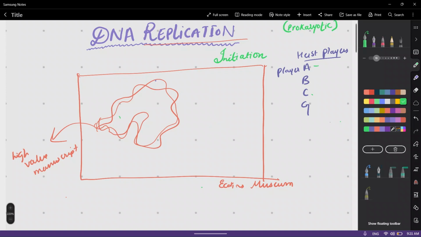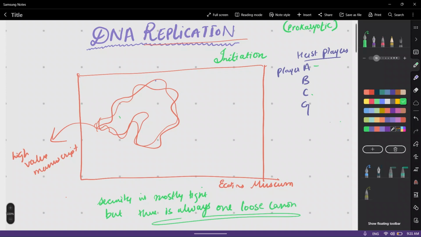Now what? In every heist movie, the security is always very tight, right? But there is always one loose cannon, and these heist players are going to exploit that.